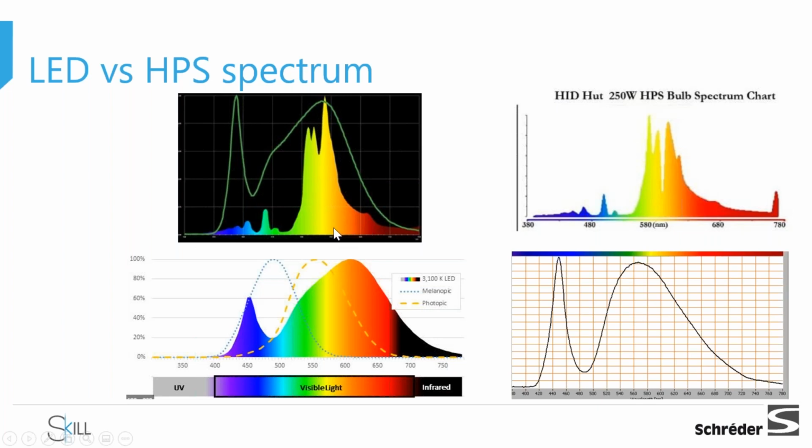If you put both spectra on top of each other, we will find that in the high wavelengths, the high pressure sodium is covering most of the colors, especially the green and yellowish, but it does not have a lot of blue components. While LED, especially the cool white, will have a high portion in the bluish color.